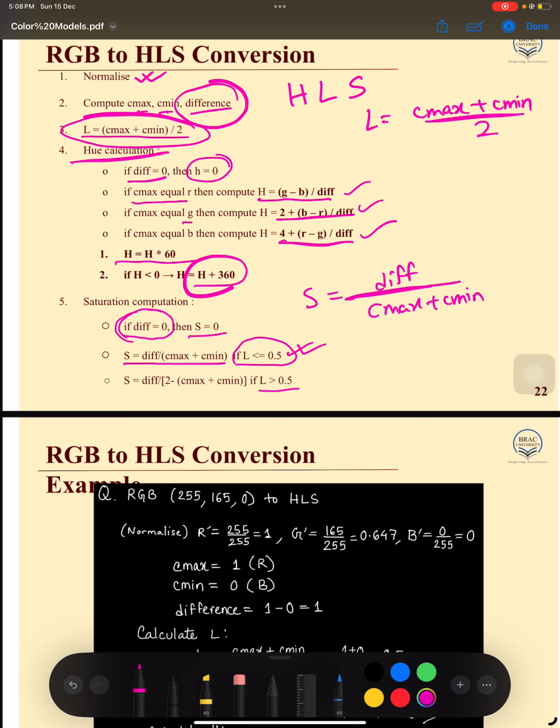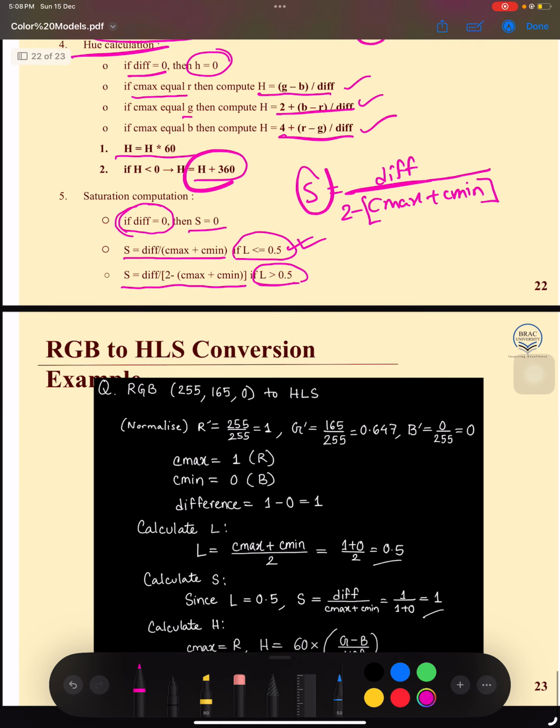And if the L value is greater than 0.5, then the formula would be the same, however, there would be a 2 minus that's been added here in the formula. Using this, we would have found the L, S, and hue from RGB.